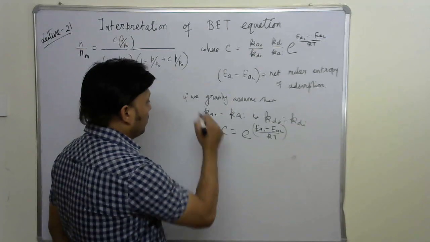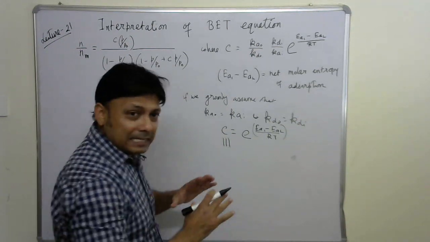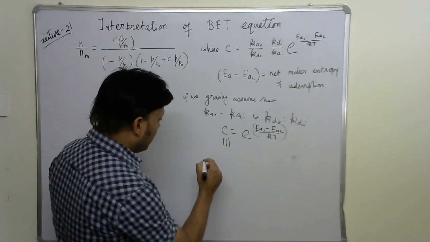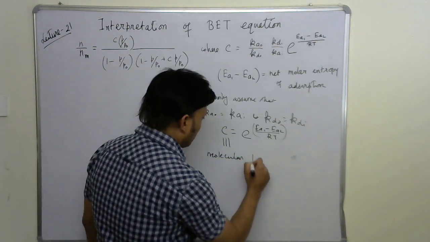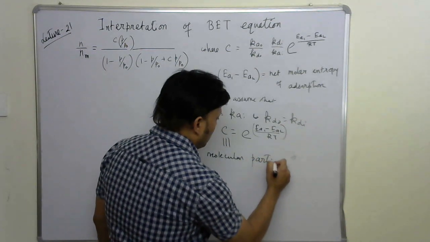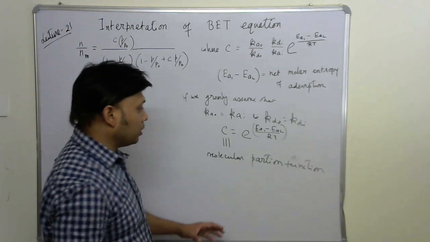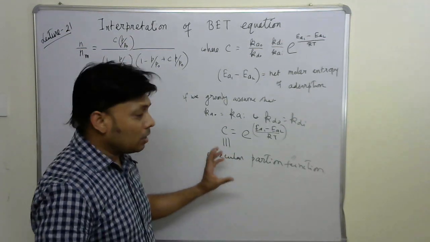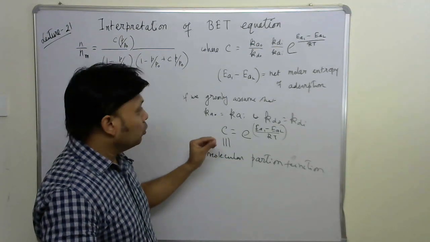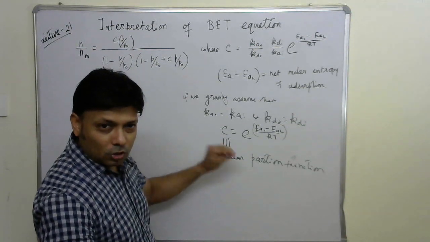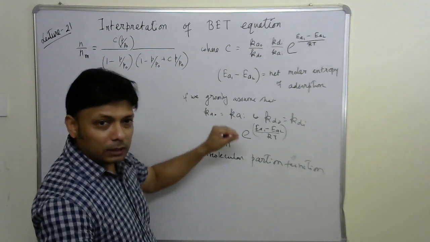So therefore this C is sometimes taken as an equivalent of a molecular partition function. This molecular partition function actually describes the affinity of the gas molecule to be either in contact with the solid layer, or to have a tendency to be in contact with the liquid layer.